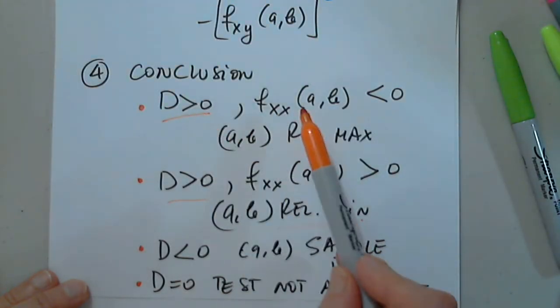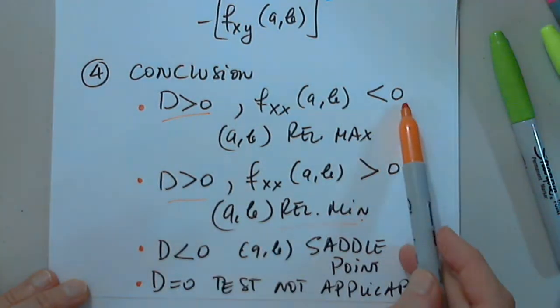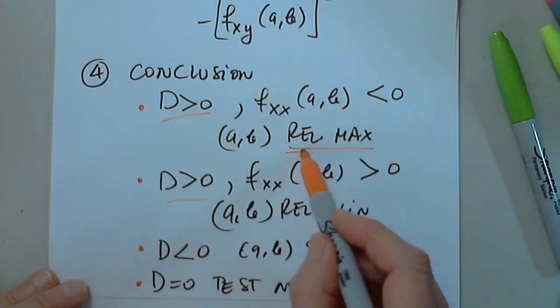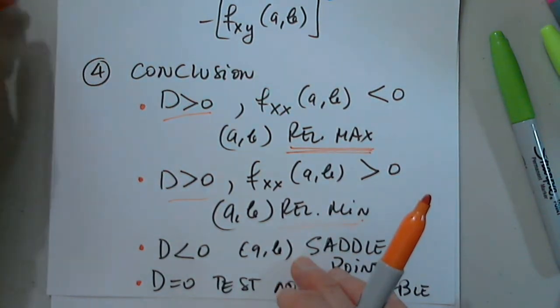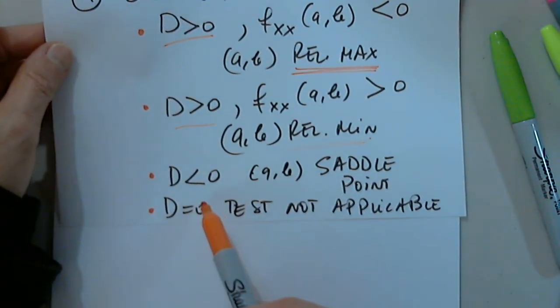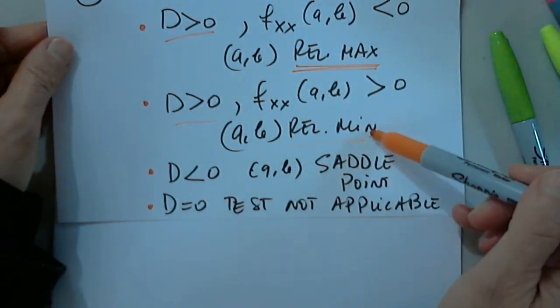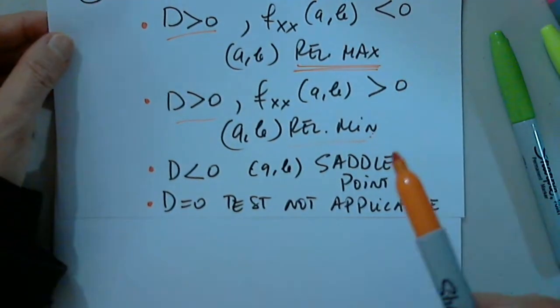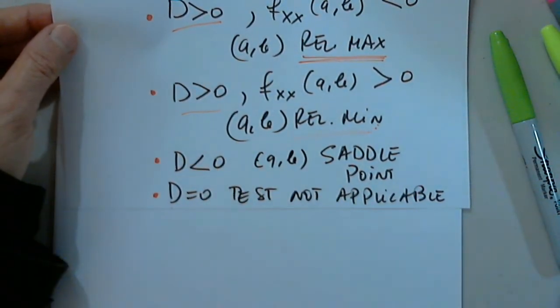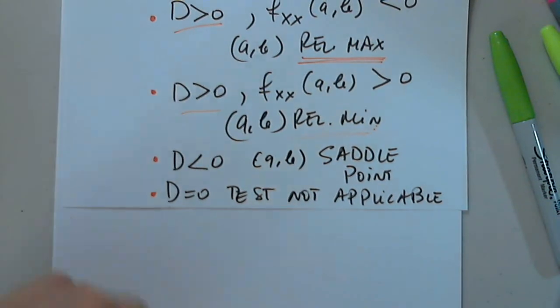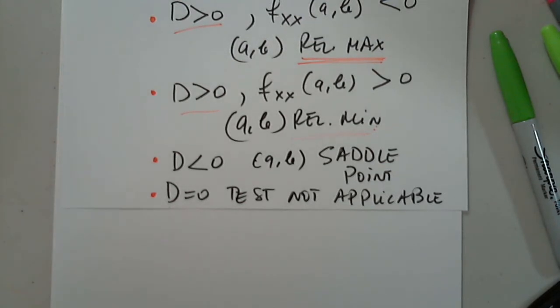If D is positive and fxx at a comma b is a negative number, that is a relative max. If D is less than 0, it's not a max, it's not a min, it's a saddle point. I'll show you a picture in a minute. If D equals 0, then the test is not applicable. No conclusion can be drawn from it because we can't apply it.